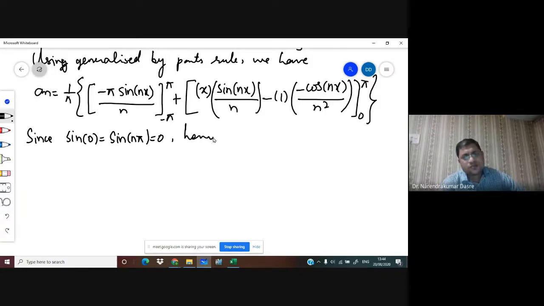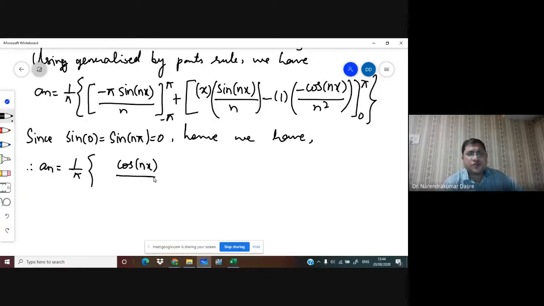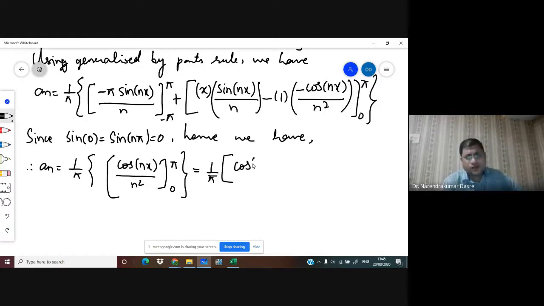Hence, we'll have here an is equal to 1 upon pi. This minus minus will become plus. We'll be having cos of nx upon n square, and this is 0 to pi. So 1 upon pi, we will have cos of n pi upon n square minus cos of 0 upon n square.